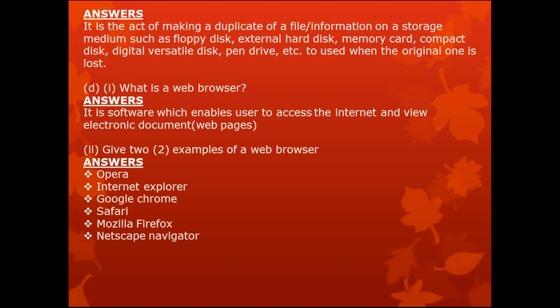These are some of the examples used for data backup. So in case the question asks you to give examples of devices used for data backup, you can state floppy disk, external hard disk, memory card, compact disk, digital versatile disk, pen drive, and so on. But let me put the definition this way: it is the art of making a duplicate of a file or information on a storage medium to be used when the original one is lost.